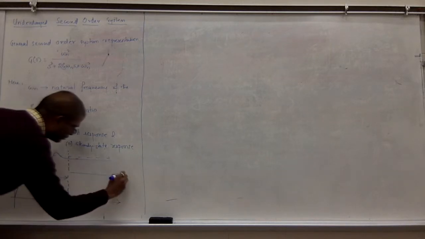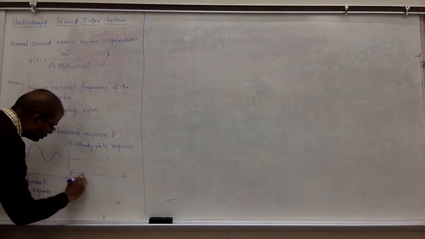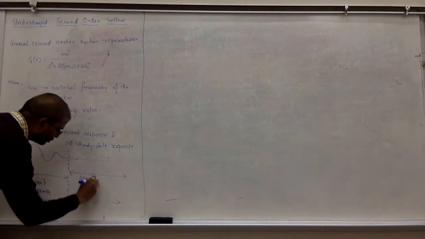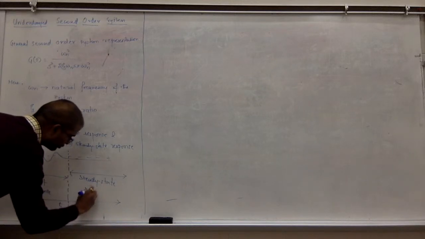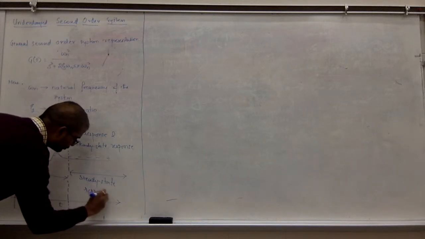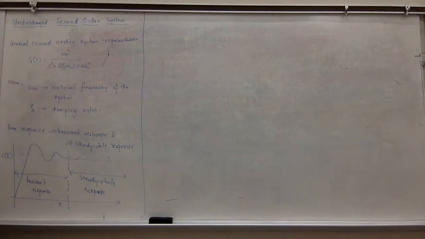This part is the steady state response. Okay. So does this make sense? What this transient response and steady state response means? Is that dash line down the middle? Is the distance between the transient and the steady perfectly the same?